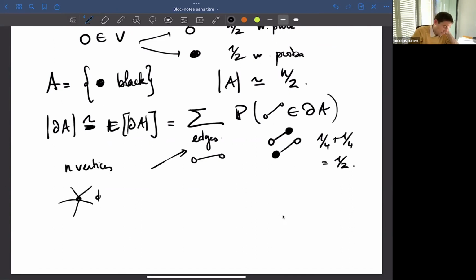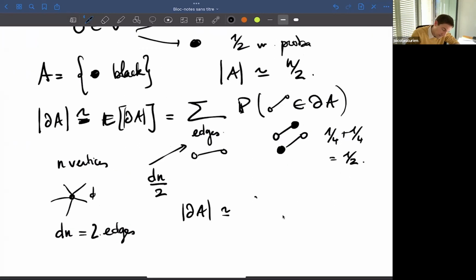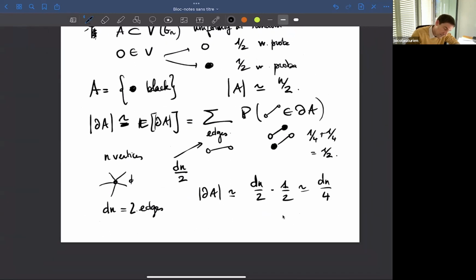So d times n is the number of edges counted twice, because if you count the degree from every vertex, you count every edge twice from the 2 endpoints. So the number of edges is dn over 2. In total, the boundary of A is like dn over 2 times half, which is roughly dn over 4.